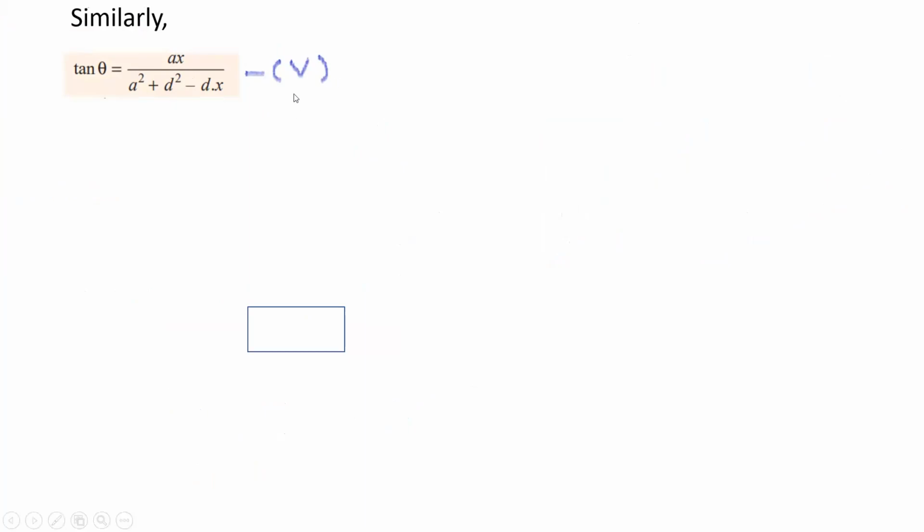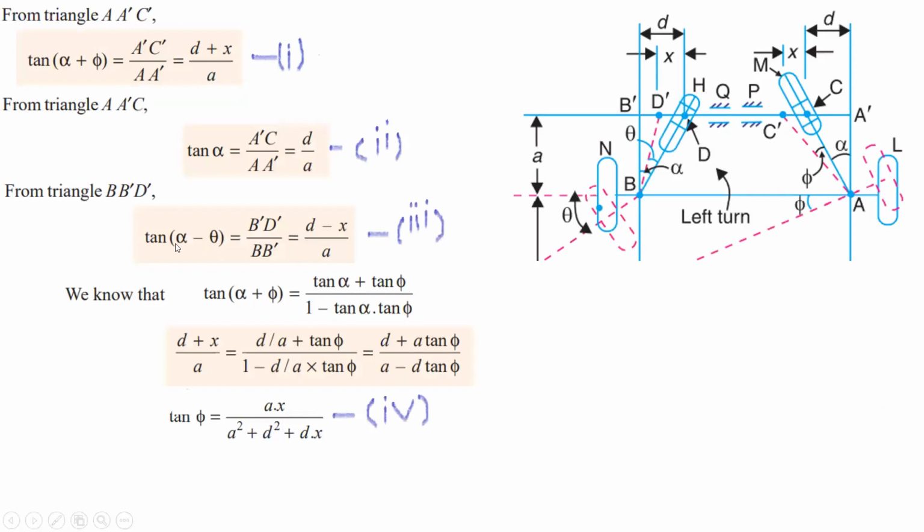Sir, isn't a square supposed to be in minus? No, it will come positive. Because in the formula of tan alpha minus theta, your expansion will be like this: tan alpha, here minus sign will come, minus tan theta.